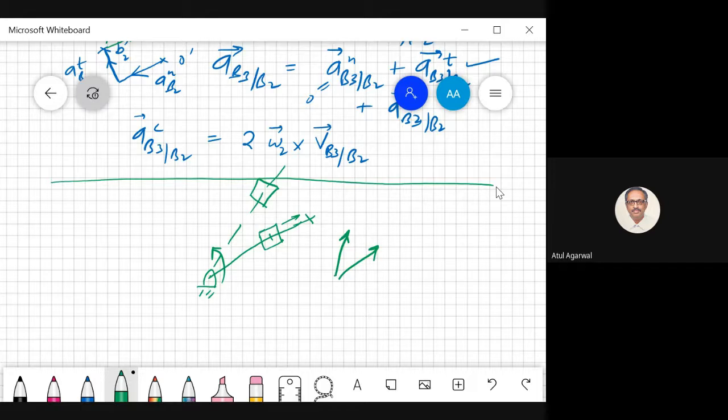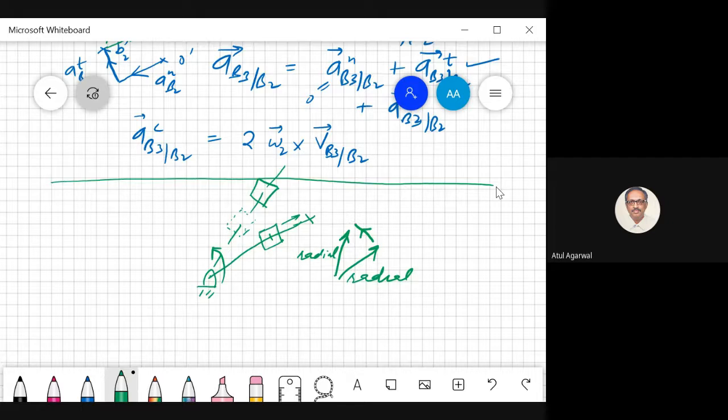So you see what is the change in velocity? This is due to the rotation of the rod. This is a new radial velocity. It is going like this. If there was no outward motion, then this would have been here only, same position, same circle.